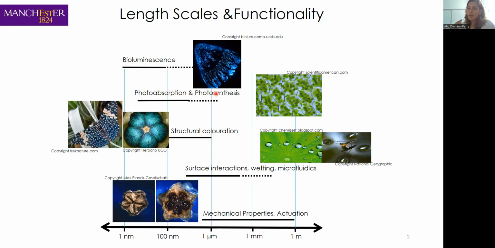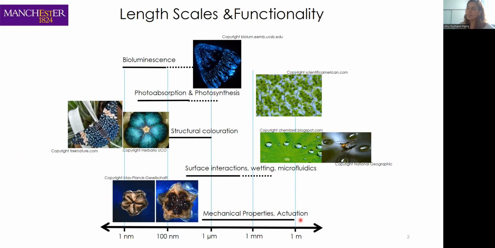And when you go to a higher scale, in the few hundred nanometers scales, we see structural coloration taking place. And when we go to similar interaction interfaces at the surfaces, from a couple of hundred nanometers to a few microns, we see a lot of surface interactions within microfluidics, as well as some mechanical actuation mechanisms and activities happening in that space.